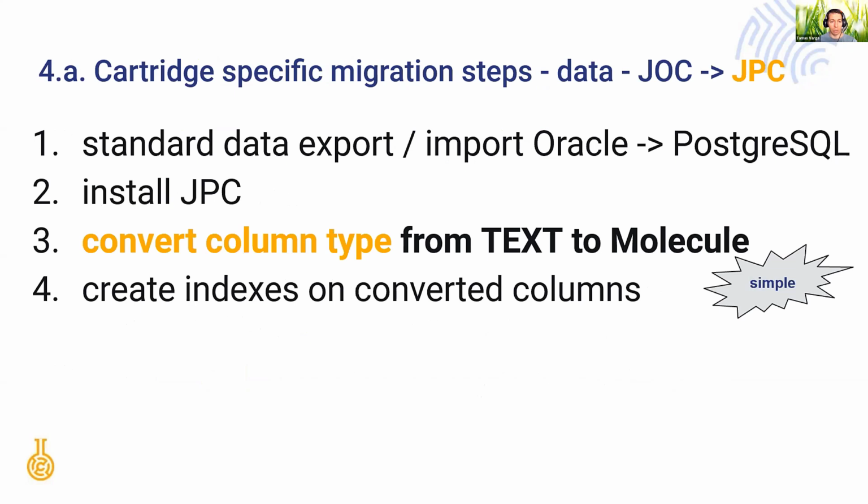The only step that might be difficult, but not that difficult, is converting the column type from text that was CLOB or BLOB in Oracle to a molecule type of column in Postgres.